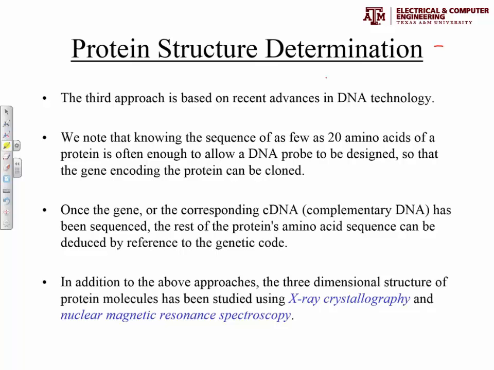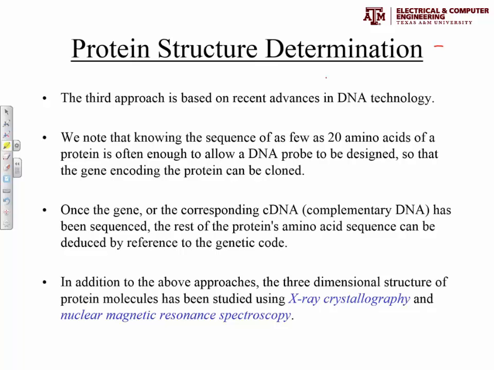If I know some amount, I can go and fish. If there's a match here, then I know, hey, this is the partner. This is the entire sequence that contributed to this protein. And now I can look at that sequence and I can translate it, 3 at a time, and find out what those amino acids are. So this part, if you don't understand fully, that's fine. I can talk about this later on once we have covered DNA technology.